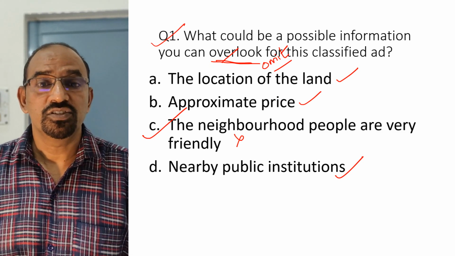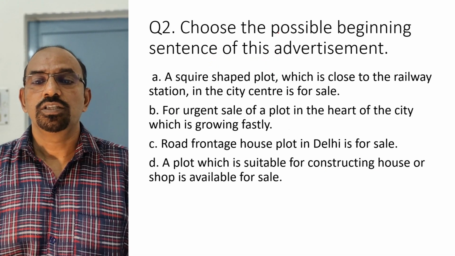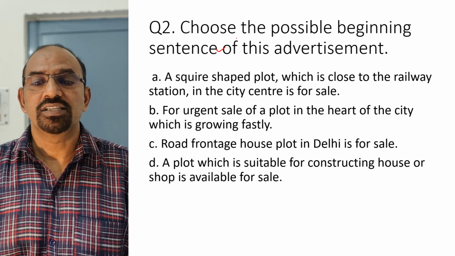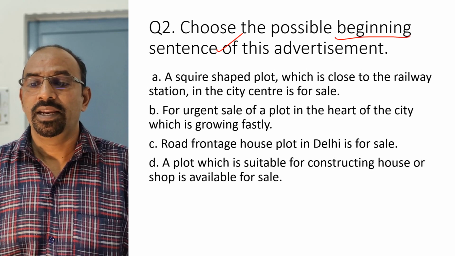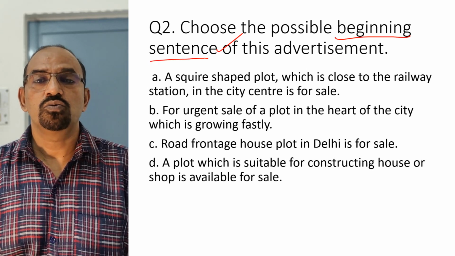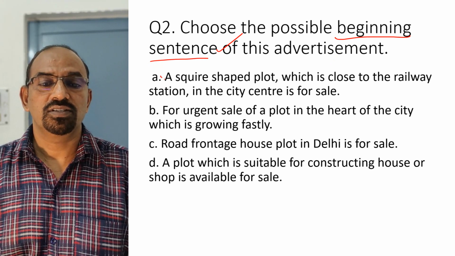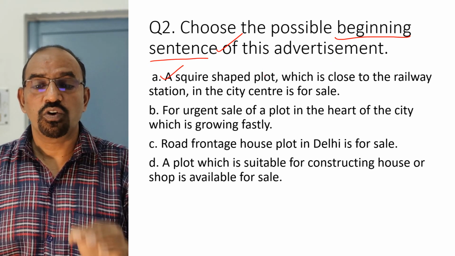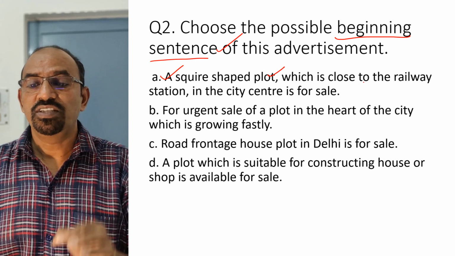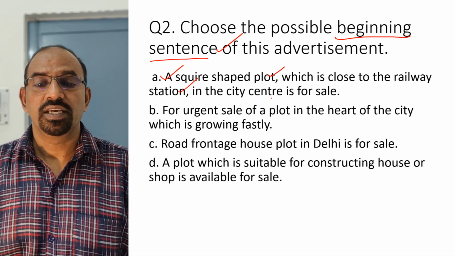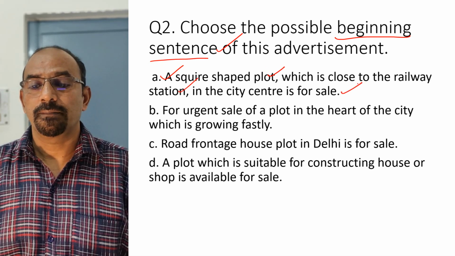Let's move on to the second question. Choose the possible beginning sentence of this advertisement. You have to choose a beginning sentence for this classified advertisement. Look at the first option. A square-shaped plot which is close to the railway station in the city center is for sale.